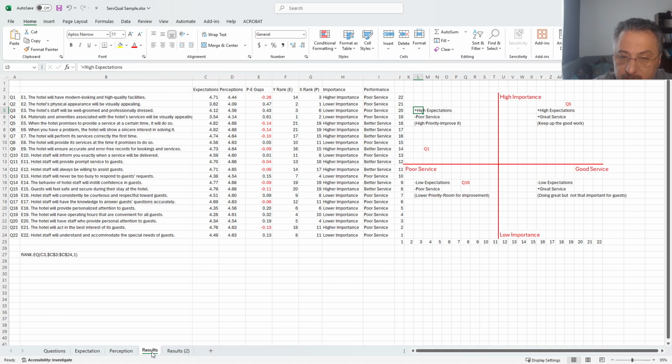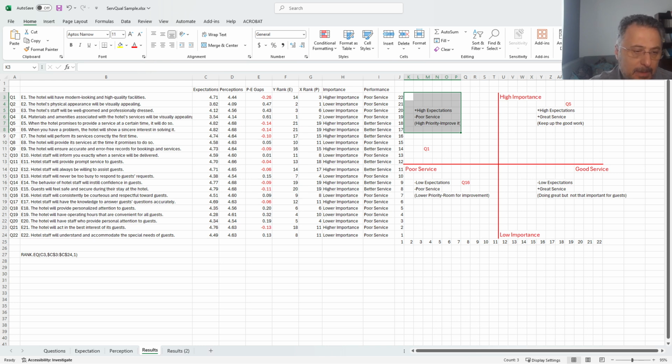What do they perceive? You calculate the results and gaps, you create the ranks, then you put them in your graph to see which one you should prioritize, right? So as you can see, if there are things closer to this area, especially, I mean, all the quadrants matter, but especially in this area, you have to be sure this is a high priority. You need to improve it.